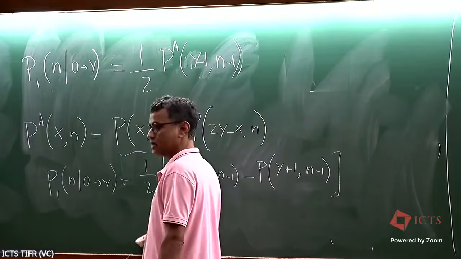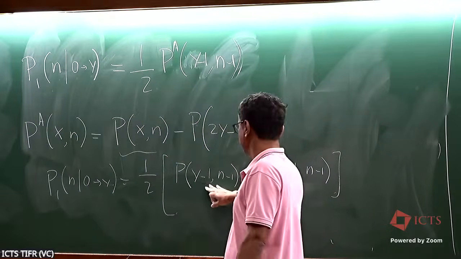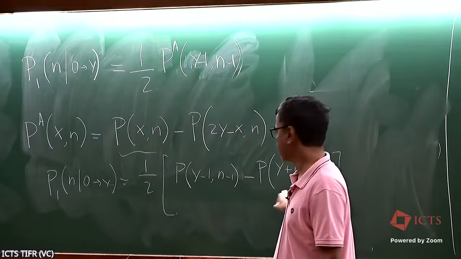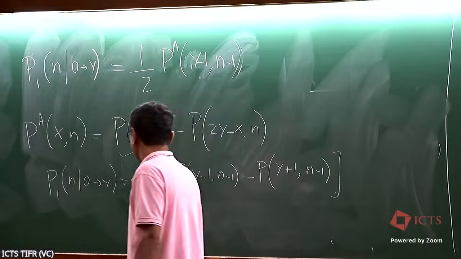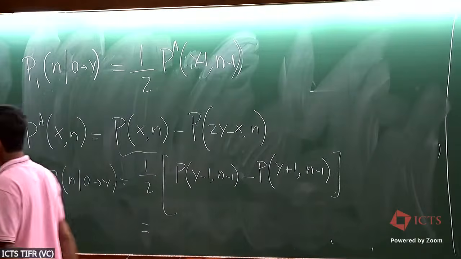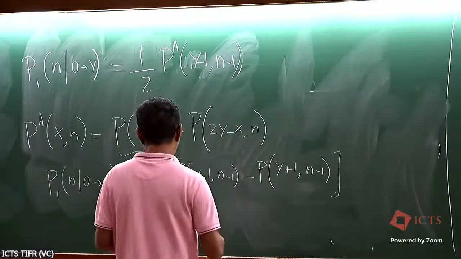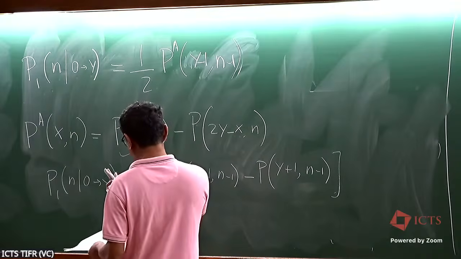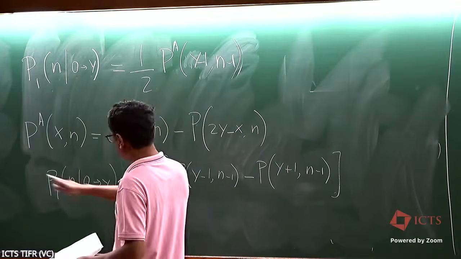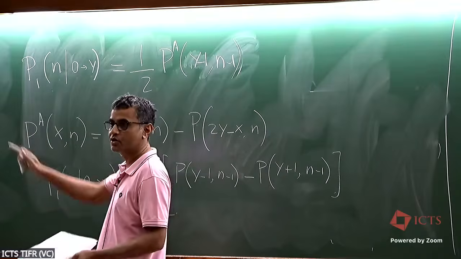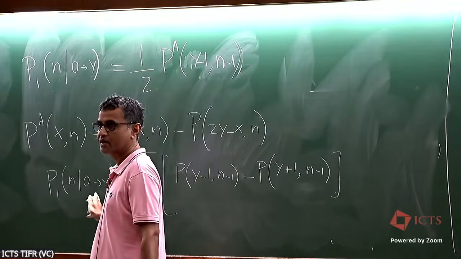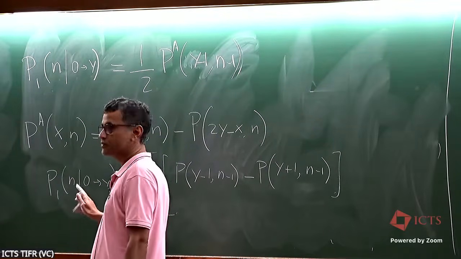Again, after this, we already know the forms of this, and after some algebra, you can easily verify that you get back this. I won't work through the steps, but it's a few steps. Sorry, there's still something. Of course, there we were doing 0 to 0. This is 0 to y, first passage from 0 to y.